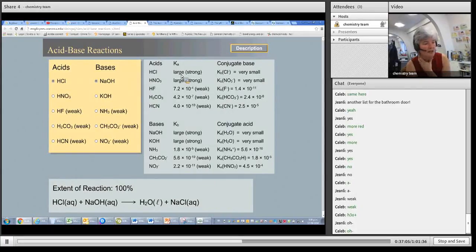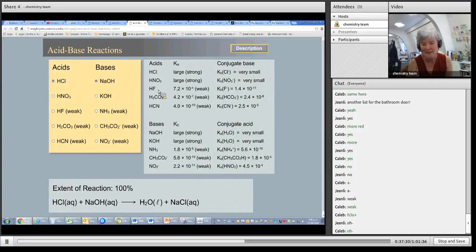If, however, I have a weak acid, so I put HF in solution, then not very much will dissociate. So of my, say, 10,000 molecules, I'm only going to have 50 dissociate. So I'm going to have 50 products over 9,950.